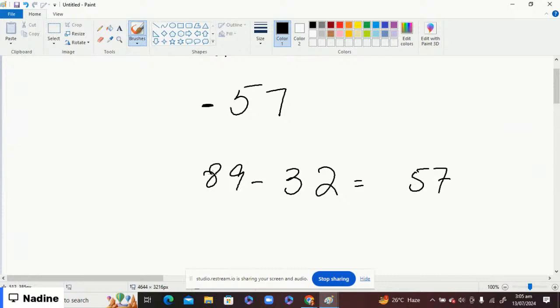The greatest number is 89, and with 89 it's a plus sign. So this is basically what we do in these kinds of questions.